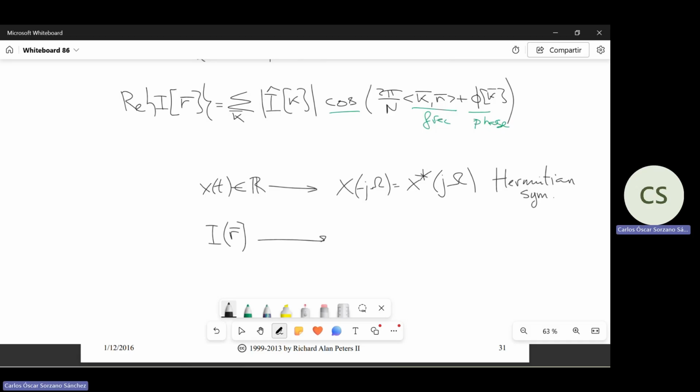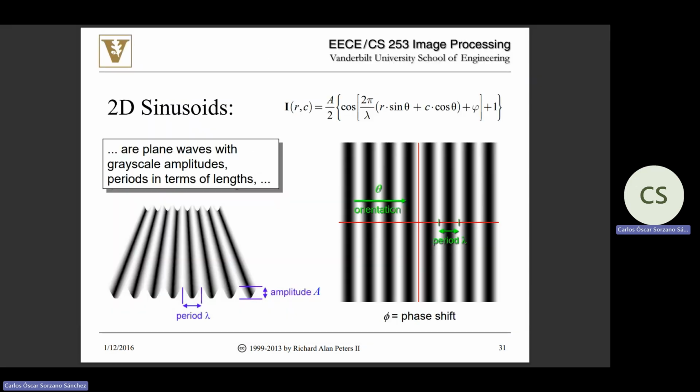If you have a real image, then the Fourier transform of your image at omega is the same as the complex conjugate of the Fourier transform at minus omega. Then, instead of having to take the real part, I can take the one coefficient, the one that is symmetric, add the two, and then I will have a cosine. What is important here is studying the cosine of the complex exponentials associated to those frequencies.